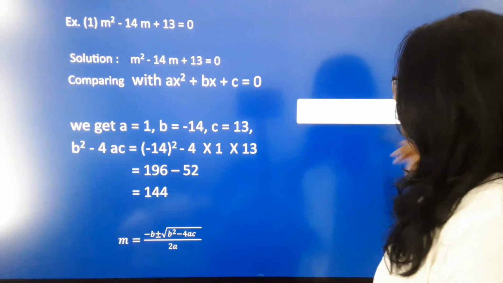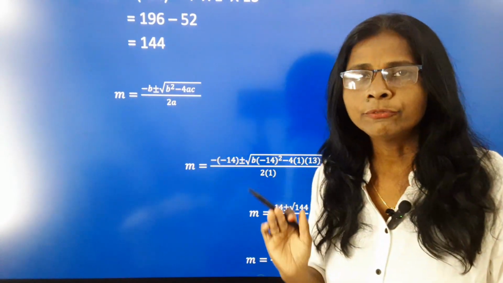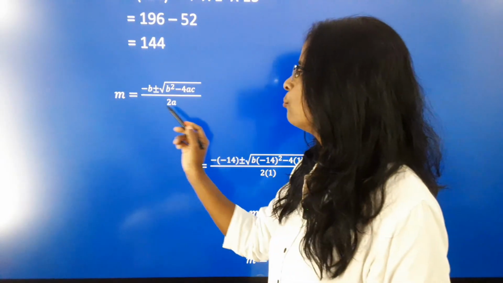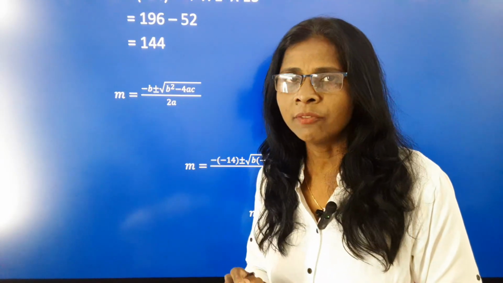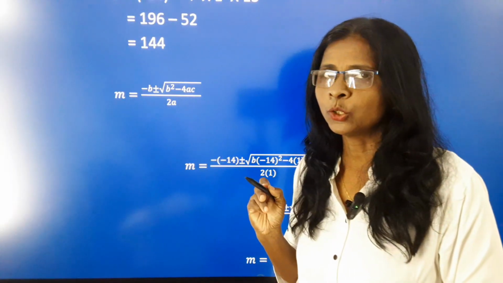Then the next step is to write the formula. So first write down the formula. Our quadratic equation is in the m variable, so we write here m, students.